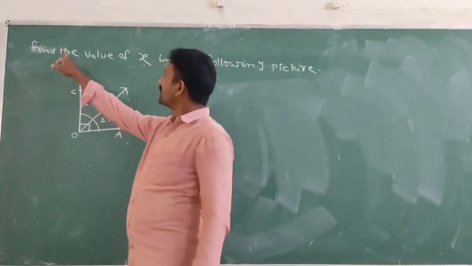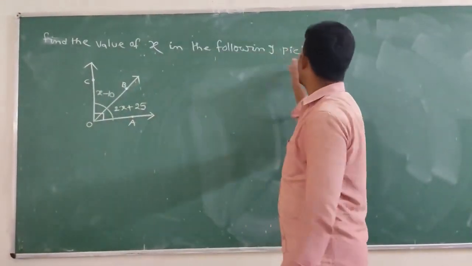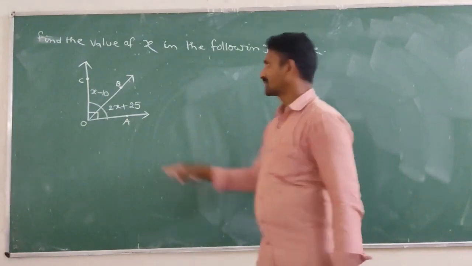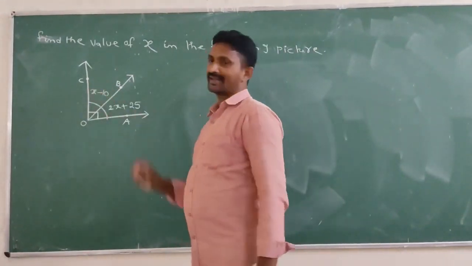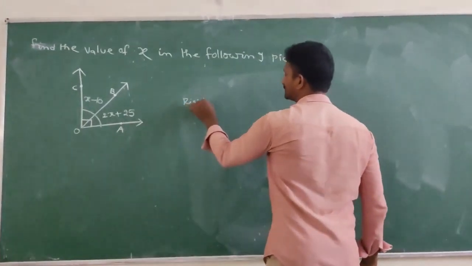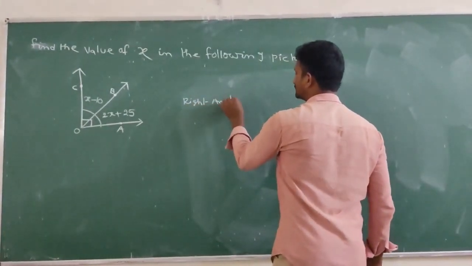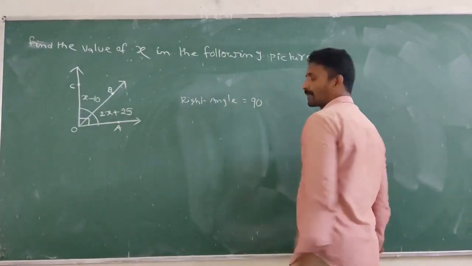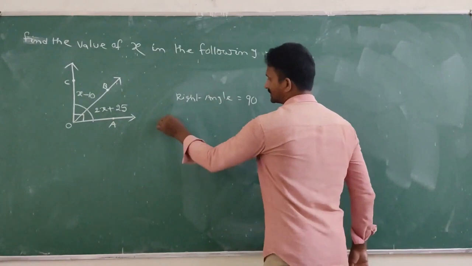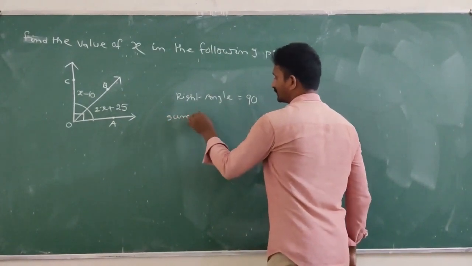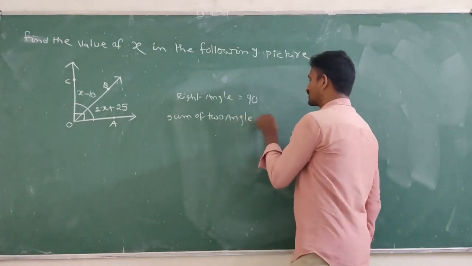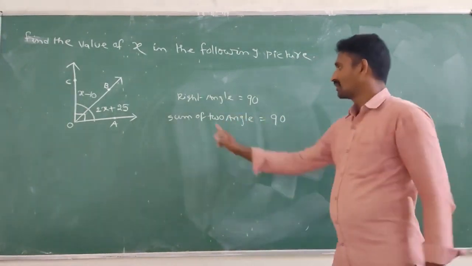Next problem: find the value of x in the following picture. It is a right angle triangle. The right angle is 90 degrees, so the sum of the other two angles is equal to 90 degrees.